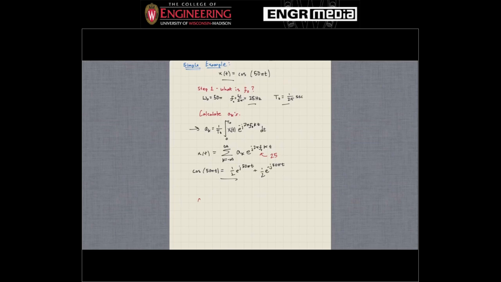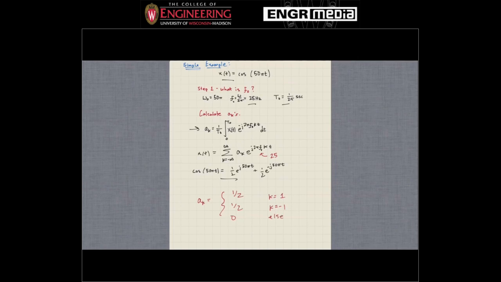Let's say a_k equals 1/2 for k equals 1. It's kind of guessing, and I already know what the answer is. When k equals minus 1, let's also say that a_k equals 1/2. And the third thing is, a_k equals 0 otherwise.